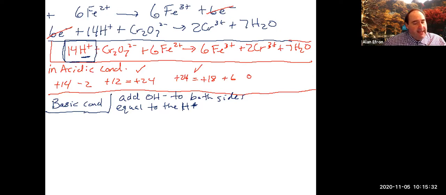So what you want to add is an equal amount of OH- to both sides. So let me take the equation that we just had here that was balanced in acidic conditions, and I'll rewrite it real quick. So again, you would just follow all the same steps we just did to get to this equation.